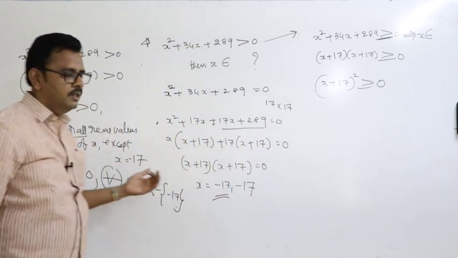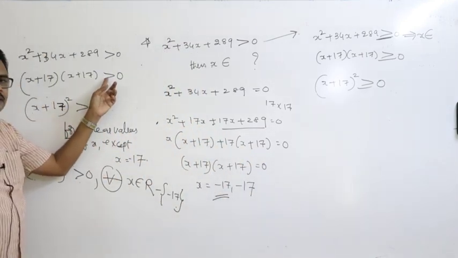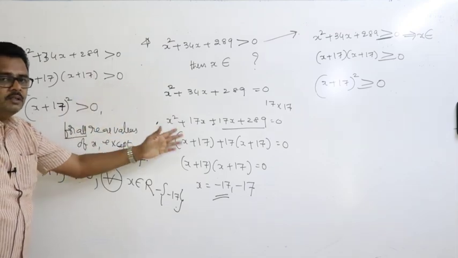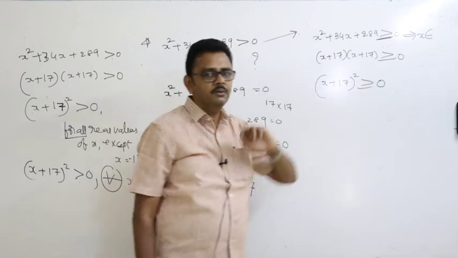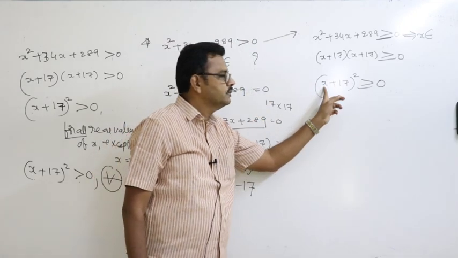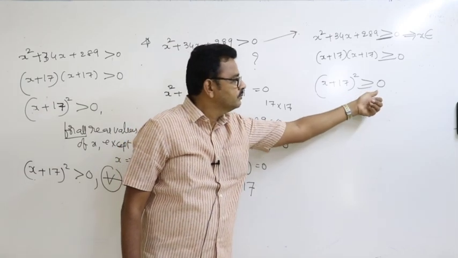Now, in the earlier one, what was the question? It was strictly greater than 0 for what values of x. But here it is greater than or equal to 0. If I write x equal to minus 17, the value becomes 0, so 0 is possible.